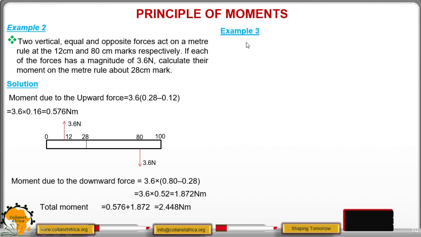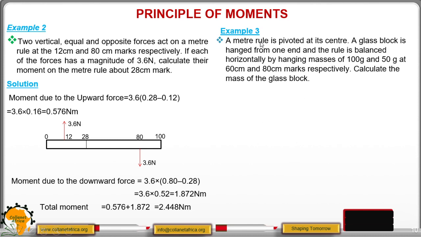Then also we can do another example, which is example 3. A metal rule is pivoted at its center. A glass block is hung from one end, and the rule is balanced horizontally by hanging masses of 100 grams and 50 grams at the 60 centimeter and 80 centimeter marks respectively.